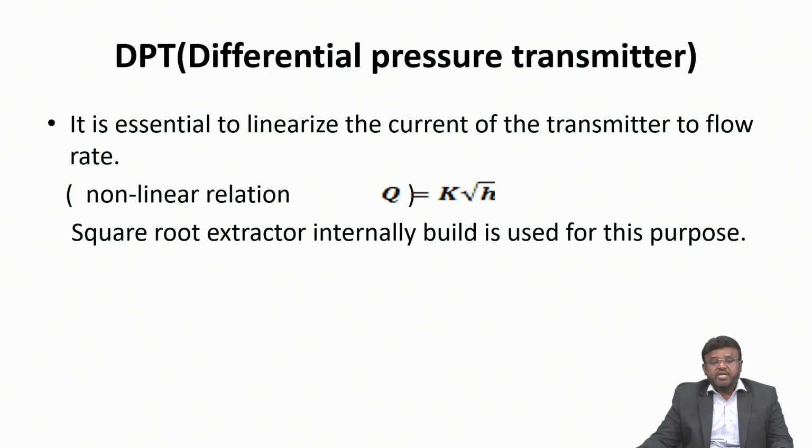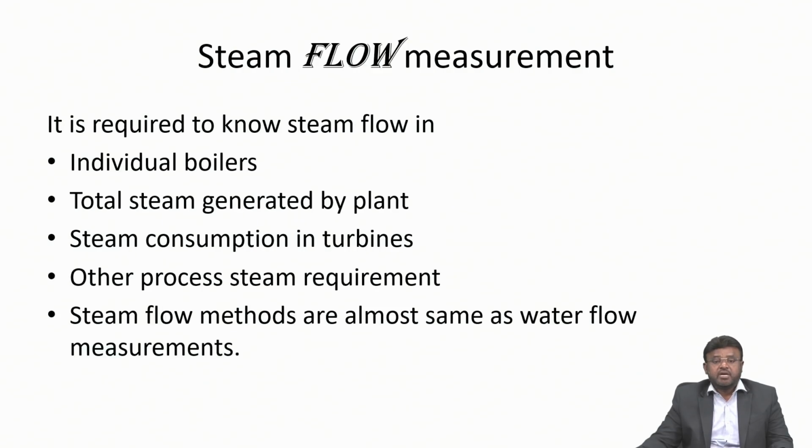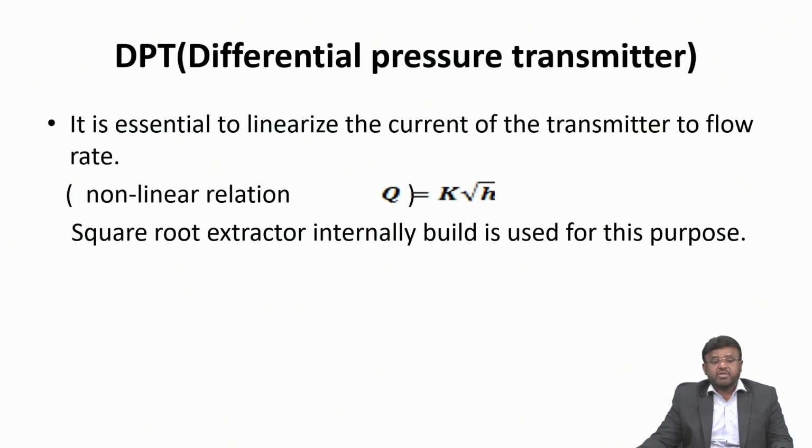It is essential to linearize this current of the transmitter to the flow rate. So it is very important, as I told you, that this 4 to 20 milliamperes must be linearized to the proportional current of this transmitter or flow rate. For this purpose, we will use a square root extractor, internally built.